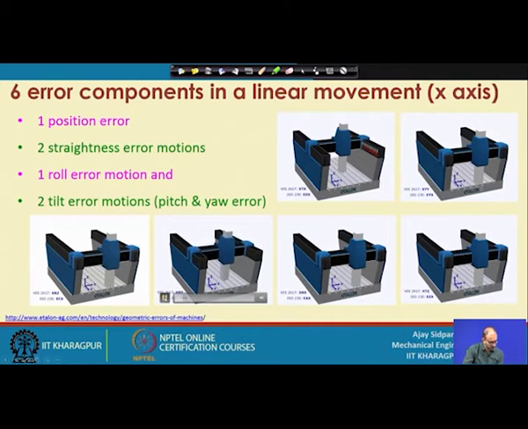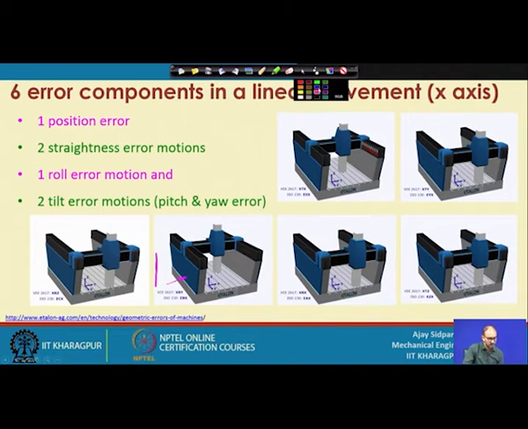So, if you are looking from this particular direction, then your spindle axis is this one, and then you are actually swinging in this direction, and this direction is the y axis and this one is the z axis, correct.